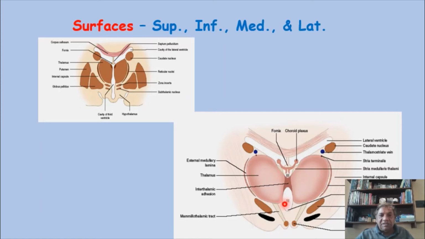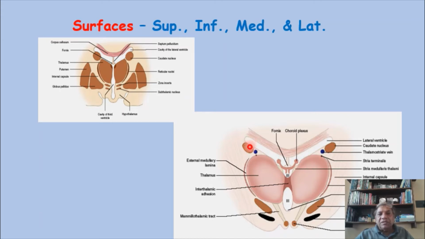This is the medial surface which we have already seen, and this is the interthalamic adhesion. The two thalami are interconnected with each other. So I was describing the superior surface. The part where I am moving my cursor is the superior surface.